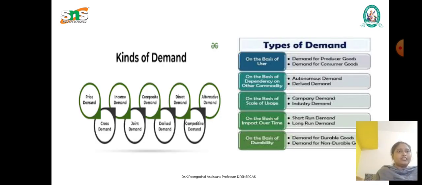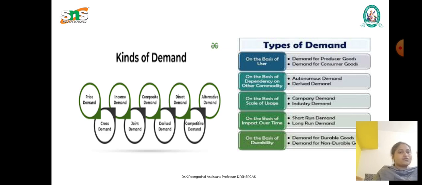Here we have different kinds of demand. First, on the basis of user, we have two different types: one is producer, another one is consumer. On the basis of other commodities, there is autonomous demand and derivative demand.